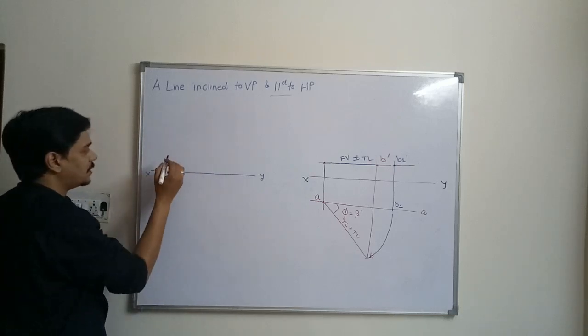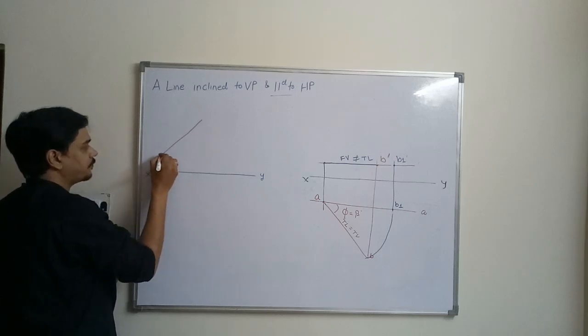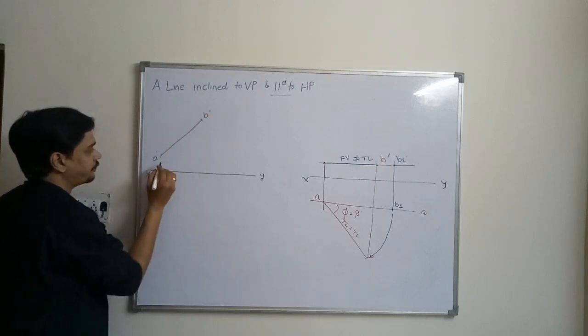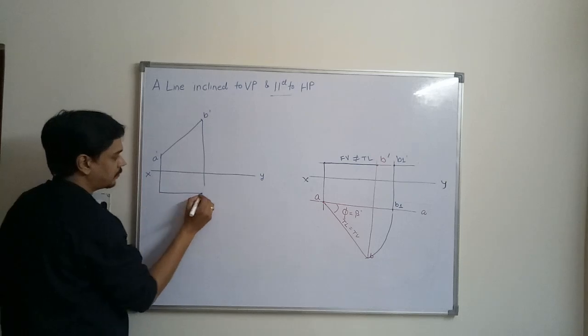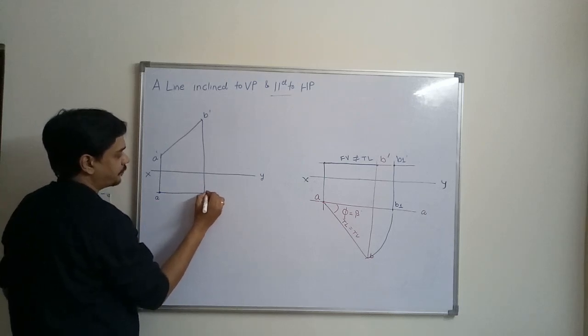So I am drawing the same case over here. That line inclined to HP was there, and it was parallel to VP.